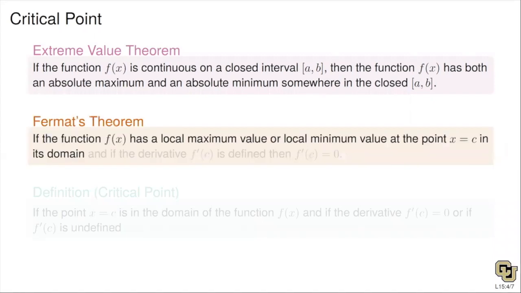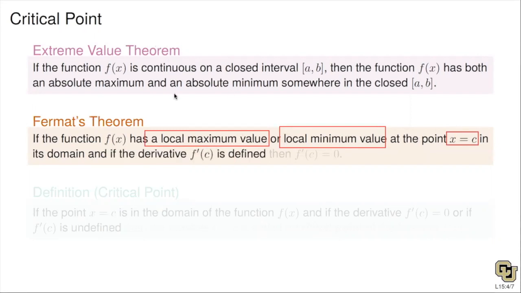Fermat's theorem says, if f of x has either a local maximum value or a local minimum value at some point c in its domain, and if the function is differentiable, then f prime of c must be 0.